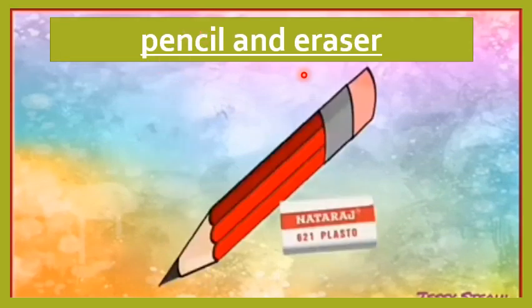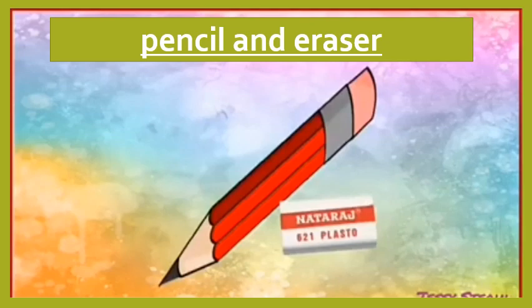Here, pencil and eraser. Children, when you are writing in your notebook, if by mistake you write something wrong with the pencil, what will you search for? Yes, if you make any mistake, you want to correct it. So you will need an eraser to rub that.